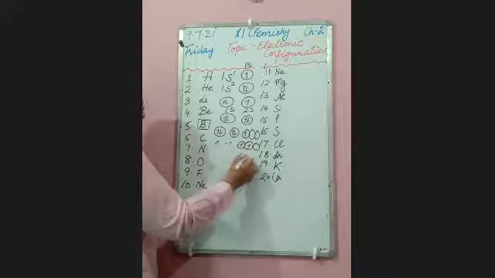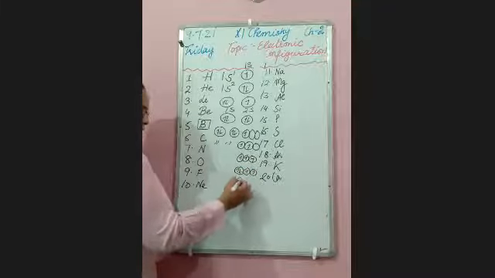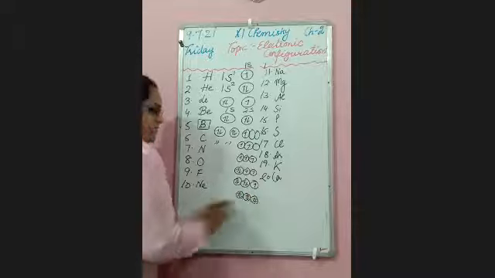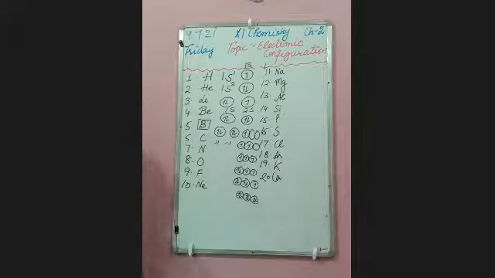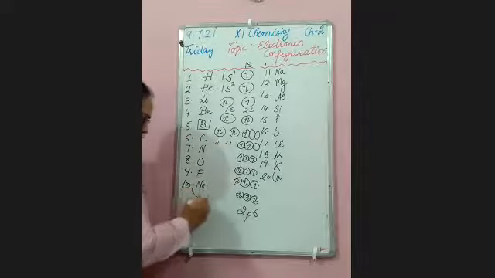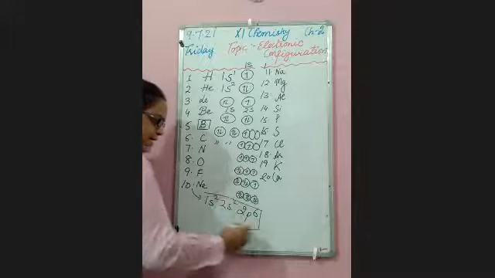After that, in case of oxygen, 1 pairing will start. Neon is a noble gas. That's why its octet is complete. It is up to 2p6. So neon configuration is 1s2, 2s2, 2p6.